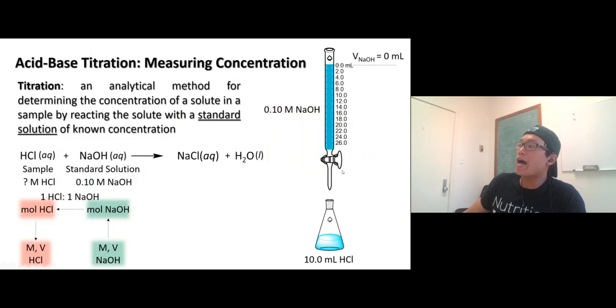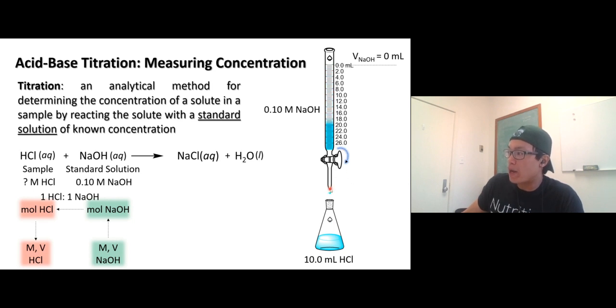Before you start reacting these two solutions, we're going to add phenolphthalein, just a few drops, into the solution. Right now, this solution is in the acidic zone, so the color is colorless. Phenolphthalein doesn't have color in acid. Then we turn on the stopcock.